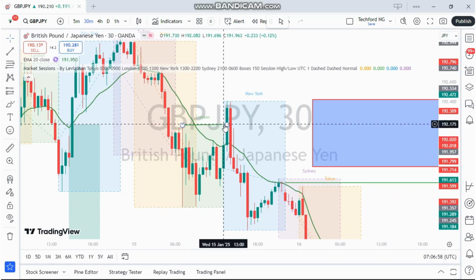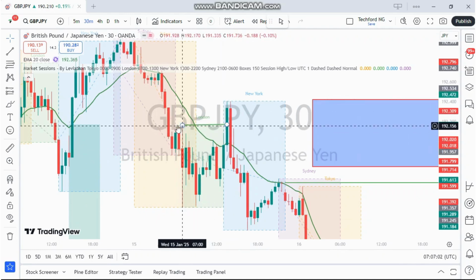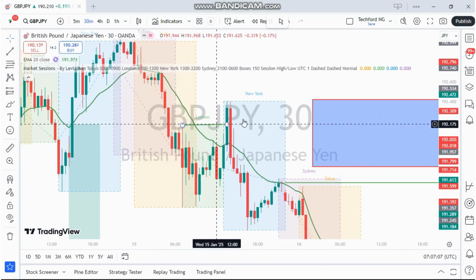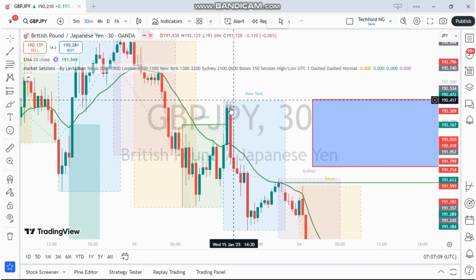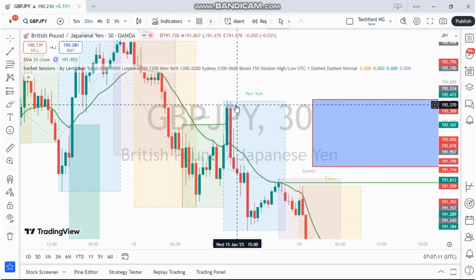So New York section swept London section at this point. So this point here is a section liquidity for London. This point here is a section liquidity for New York. You see, the highest points market gets to in each section is known as the section liquidity. I believe that's cleared. So always watch out for the liquidities.